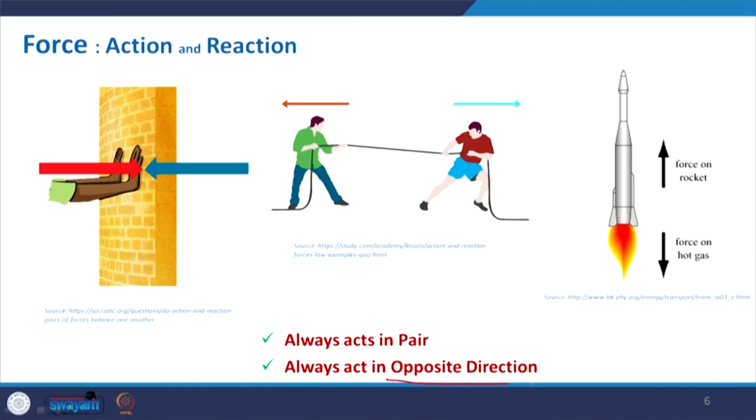So, with that we move to force, and that is action and reaction. We should remember two basic principles in this: that force always acts in pairs. If there is action, then there will be reaction, and it will act in the opposite direction.